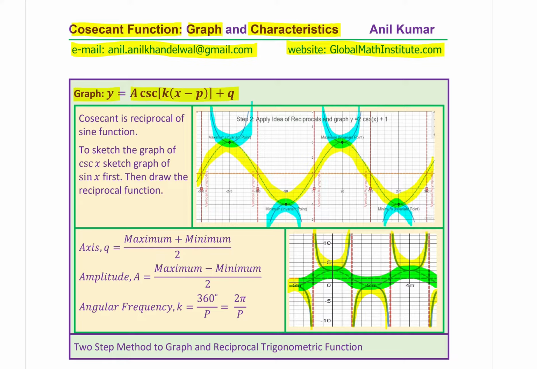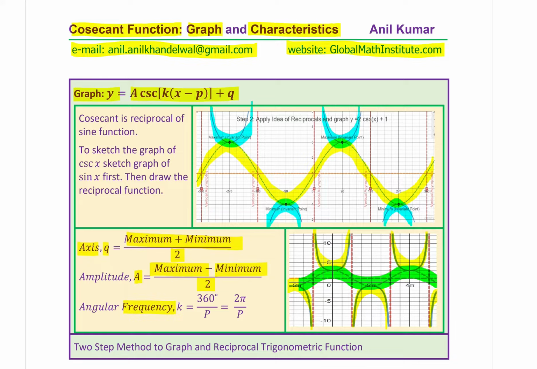In previous videos, we learned how do we find the equation of sine function. The formulas which will be used will be to find the axis, it is the average value. Check the maximum and minimum, divide by 2. So that gives you the average value, Q. To find the amplitude, it is the difference of maximum and minimum divided by 2 for the sine function, right?